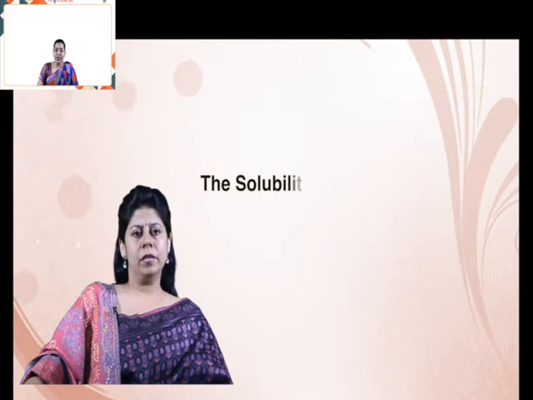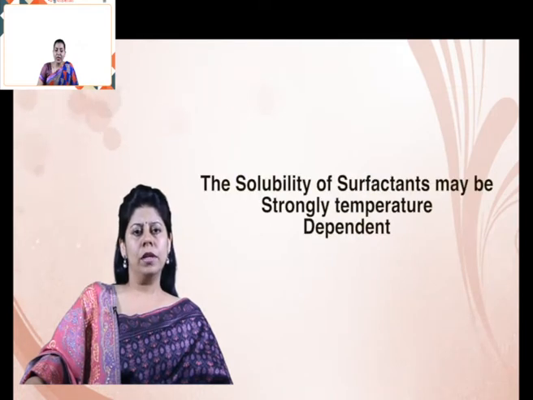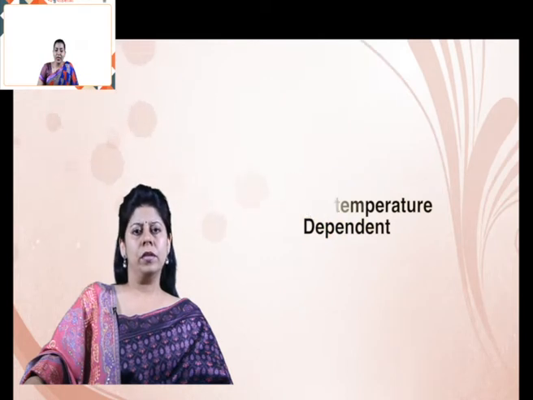Now we will see how the solubility of surfactants can be strongly temperature dependent. There are many important and intriguing temperature effects in surfactant self-assembly. One, which is of great practical significance, is the dramatic temperature dependent solubility displayed notably by many ionic surfactants.